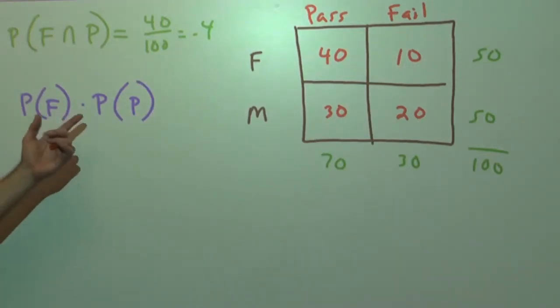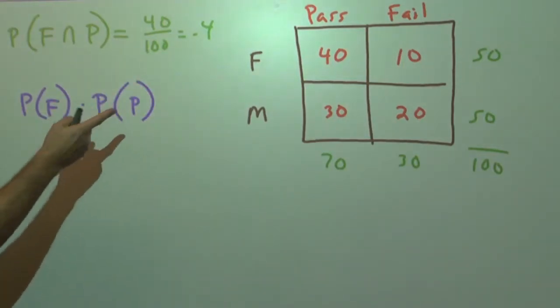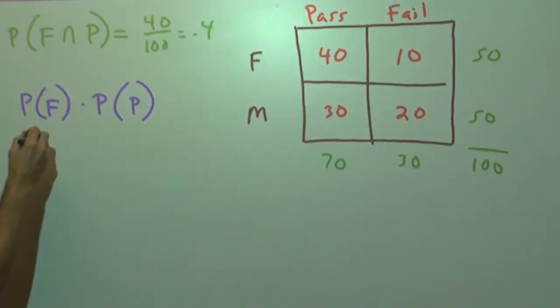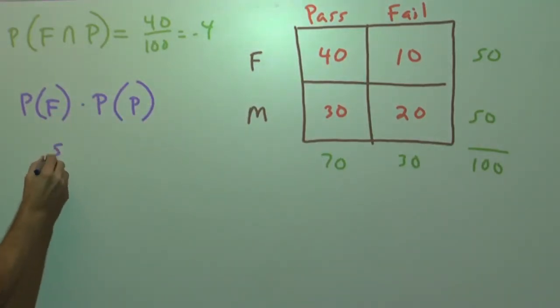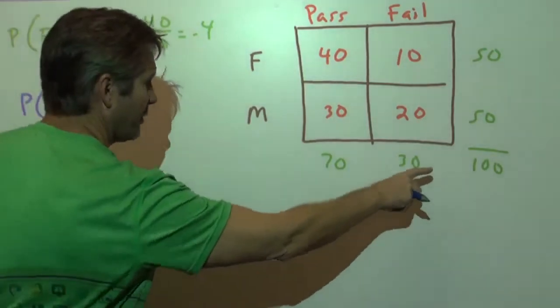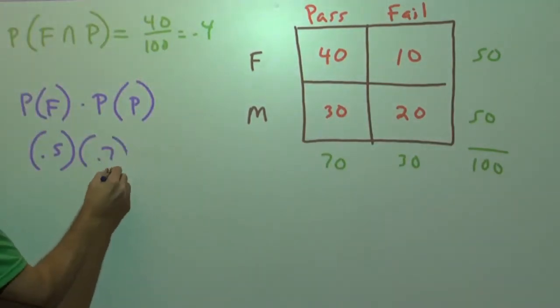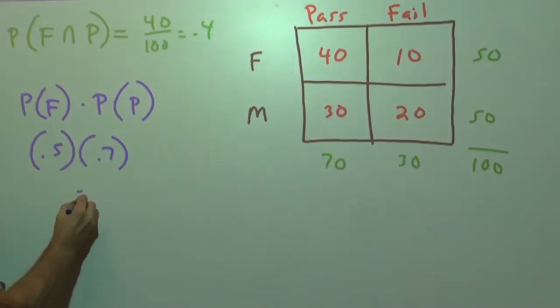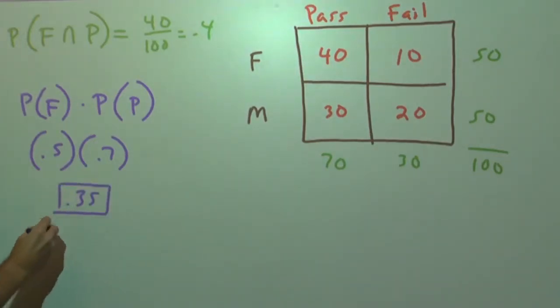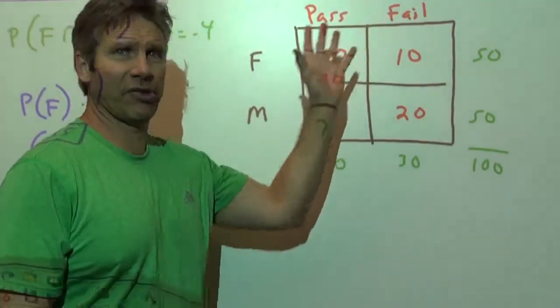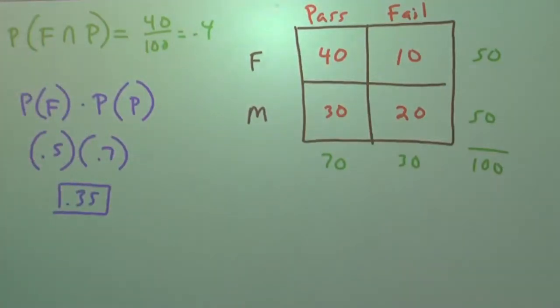We want to see if this will also give us 0.4. The probability of having a female is 50 out of 100, so 0.5, times the probability of passing the test, 70 out of 100, which is 0.7. When we multiply these together, we only get 0.35. That tells us that gender and the test result are not independent of each other.